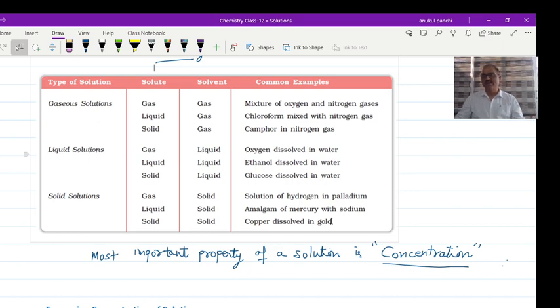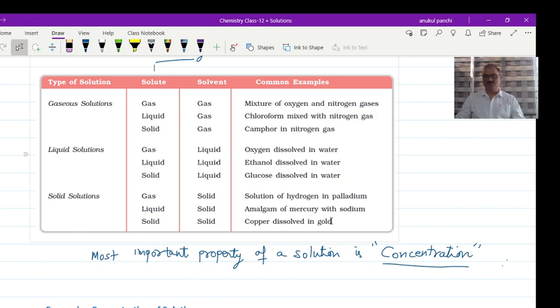And in the case of gas, when we want to check air pressure in the tire of our bike, what do we check? We check its pressure. So pressure is the most important property of a gas. Of course, other properties are also there, but this is the easily measurable property.